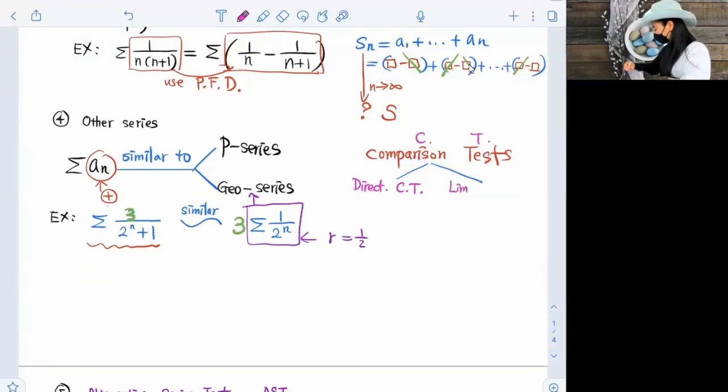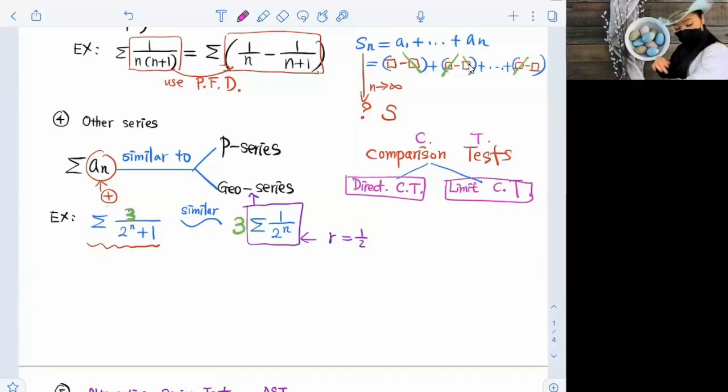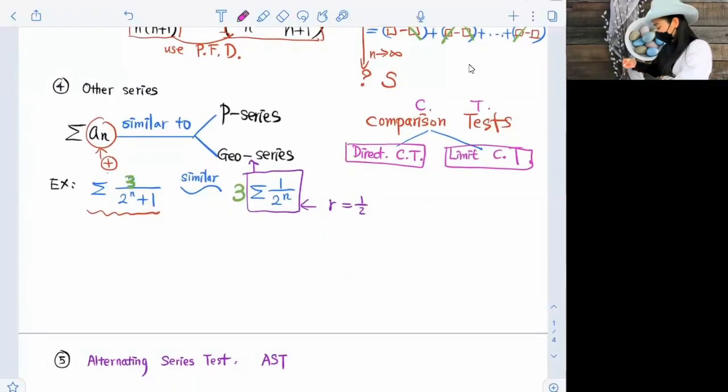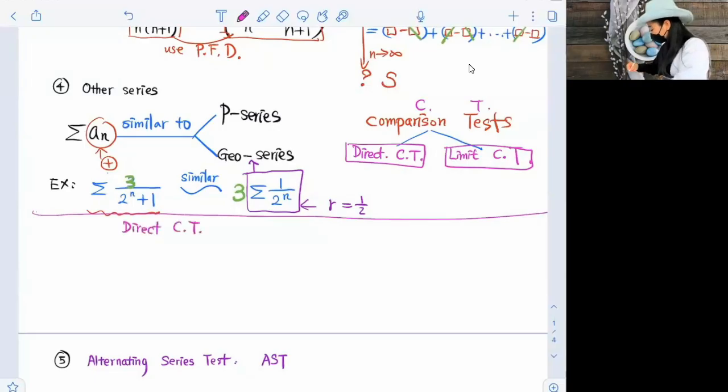Limit comparison test. So we have two. What is the direct comparison test? I'm going to put it under here so that you can compare them side by side, in case you forget. So the direct comparison test, and this one here is limit comparison test.